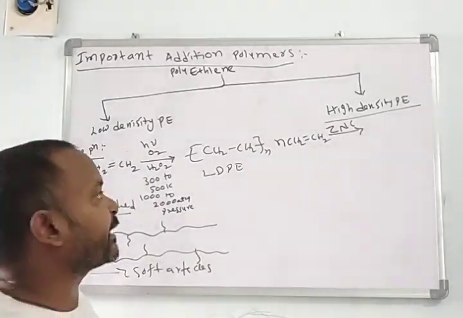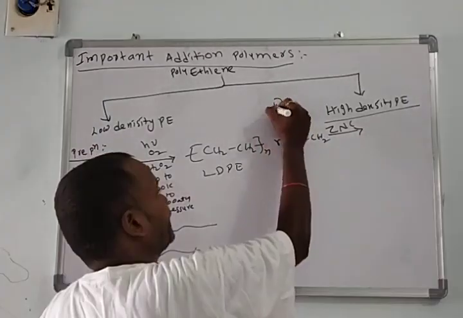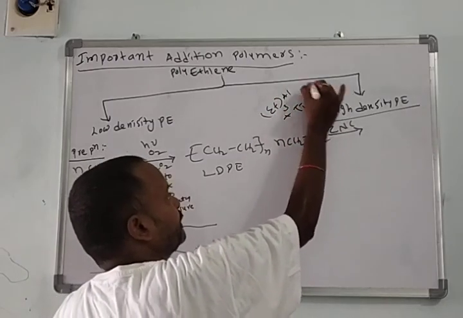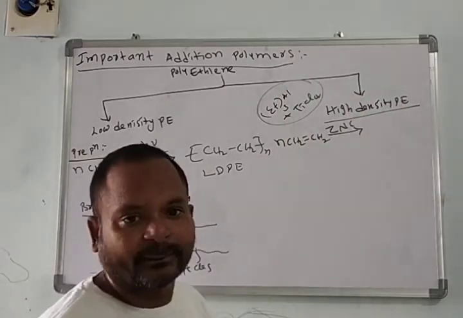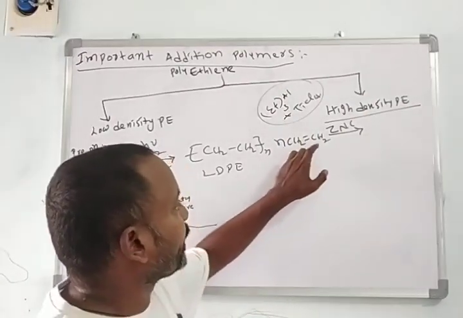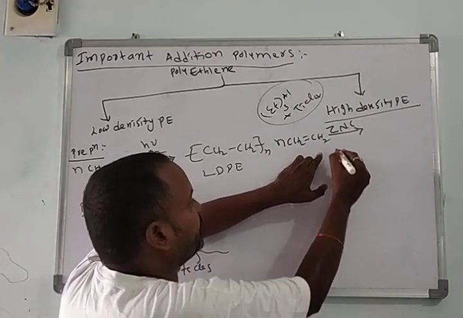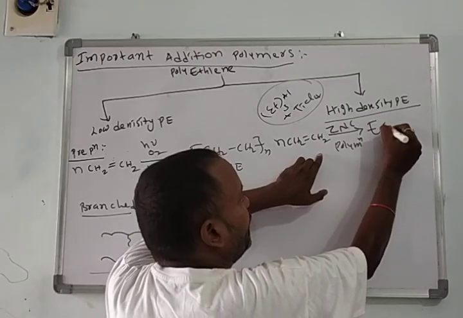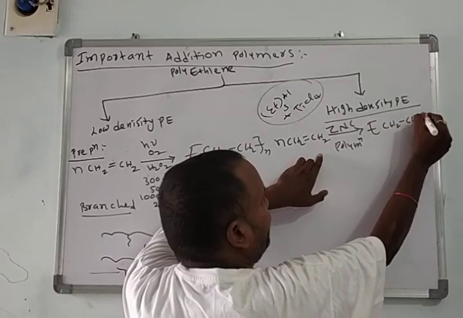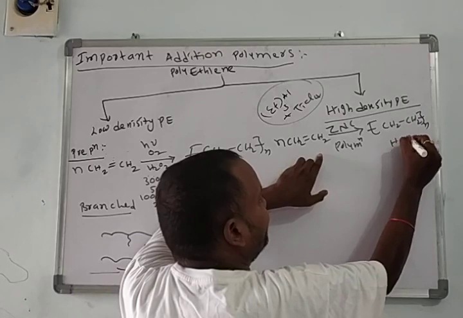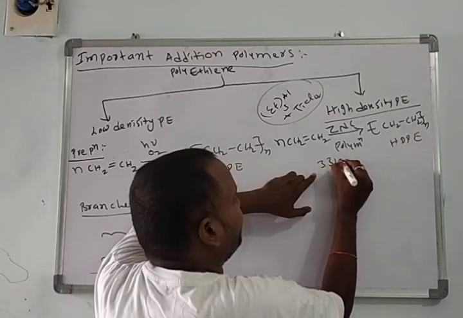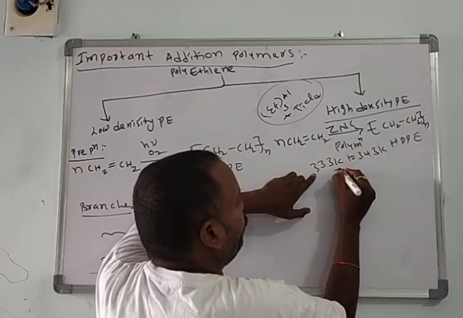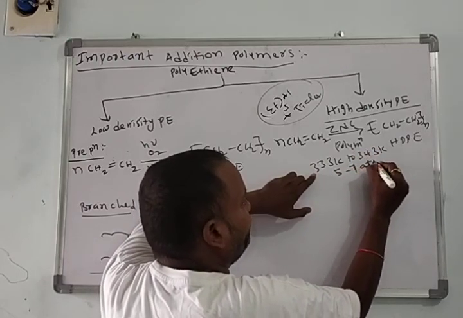What is the Ziegler-Natta catalyst? Triethyl aluminium, Et3Al, and titanium tetrachloride. This is the Ziegler-Natta catalyst. In the presence of Ziegler-Natta catalyst, a number of ethylene molecules undergo addition polymerization and form high density polyethylene at 333 Kelvin to 343 Kelvin temperature and 5 to 7 atmosphere pressure.